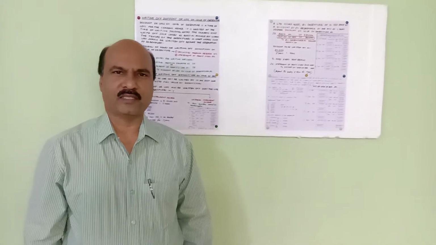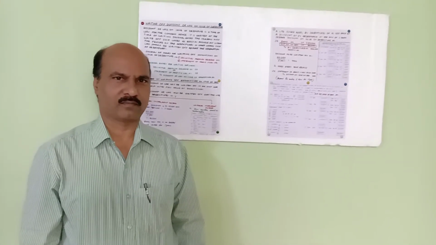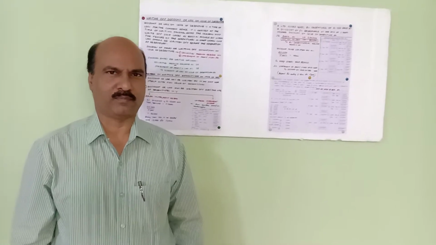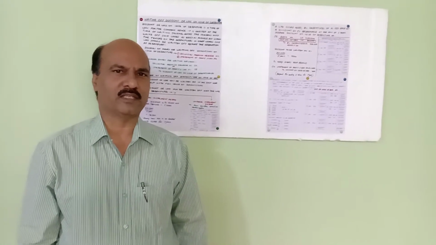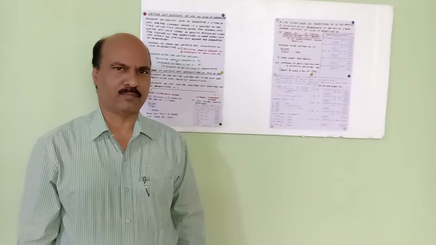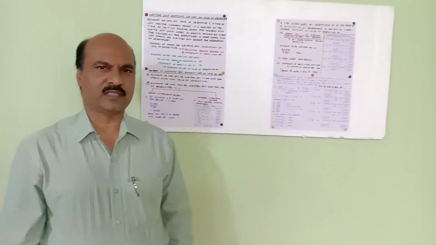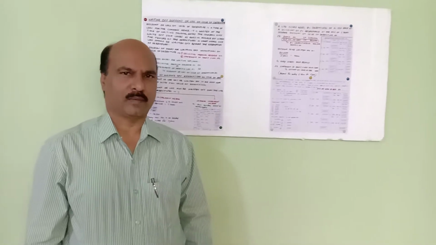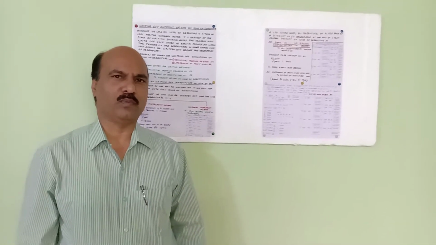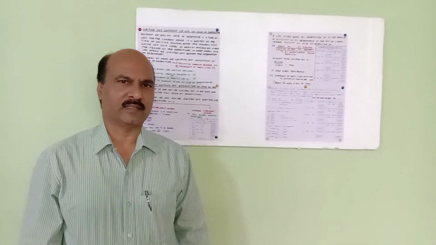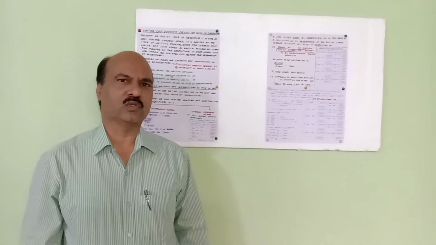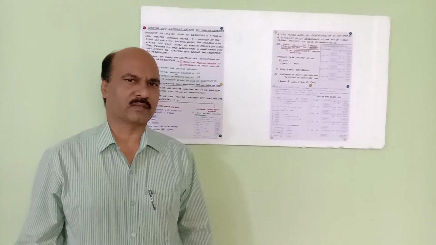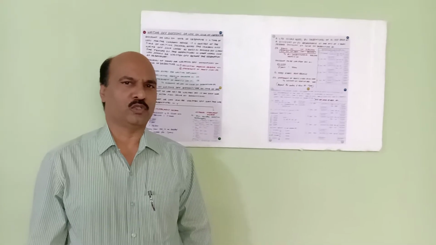When the debentures are issued at a lesser cost, it is a loss for the company and it is called debentures issued at discount. For example, if 100 rupees debentures are issued at 10% discount, that means 10 rupees the company is not getting, so we get only 90 rupees. That is called discount on issue of debenture.